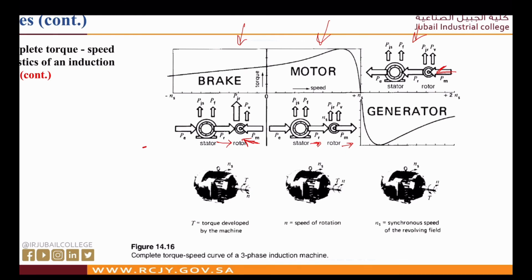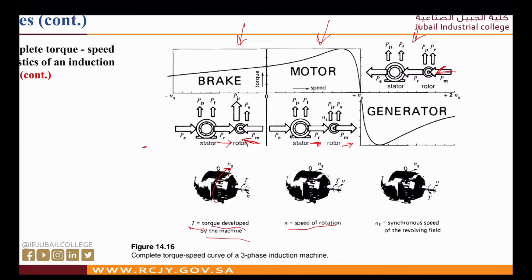So this is the revolving speed, the synchronous speed of the revolving field, ns. T is the torque developed by the machine, and N is the speed of rotation.